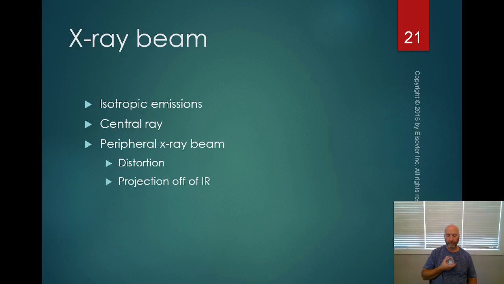If our flashlight is shining directly down onto the water bottle, the shadow of the water bottle is going to look just like the water bottle, right? But if I move it off to the side just a little bit, then what you're going to start to see is the side of the water bottle, because the central ray is angled. So the peripheral portion of the central ray is going to carry with it an angulation that's going to distort the image and potentially project anatomy off of the image receptor.